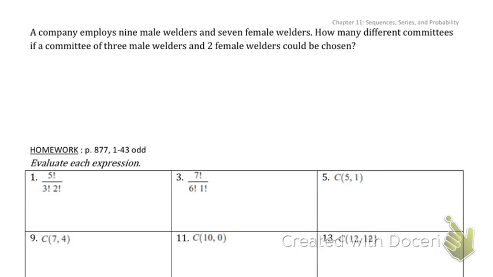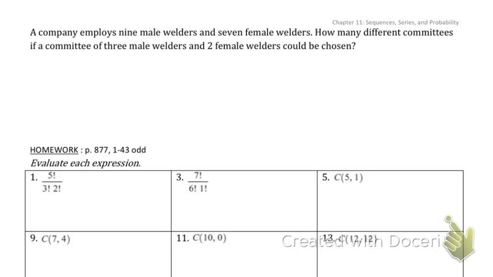So if I choose 3 male welders, is there a hierarchy? Or does order matter? Does order matter if I just say I'm picking 3 welders? No. There's no welder 1, welder 2, welder 3. Order doesn't matter. I just pick 3. Doesn't matter who's first.